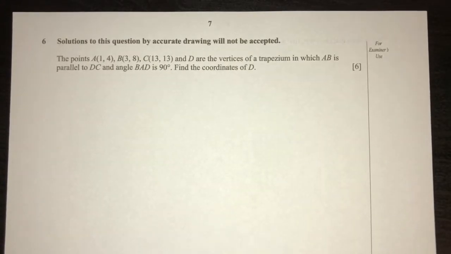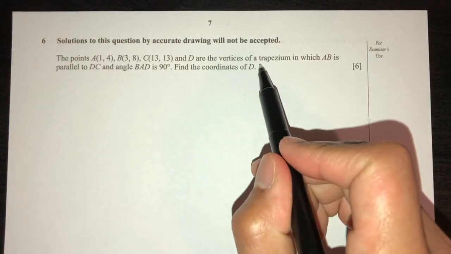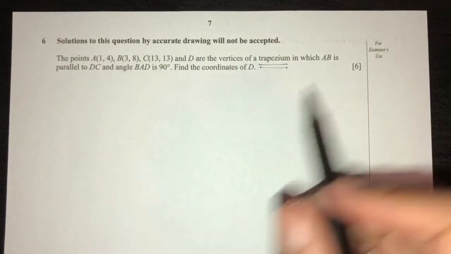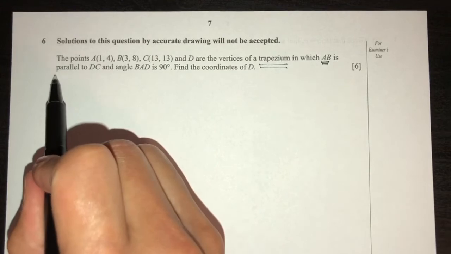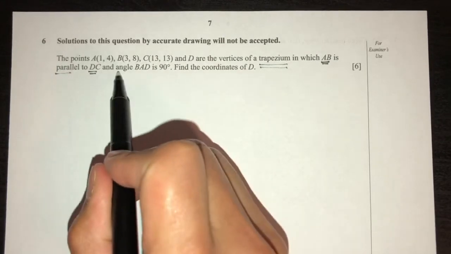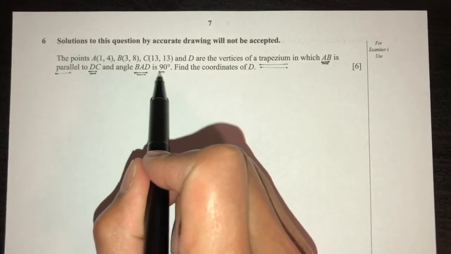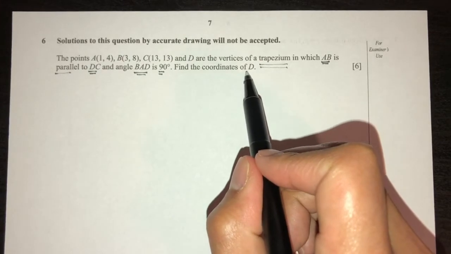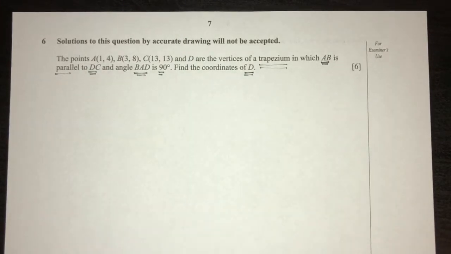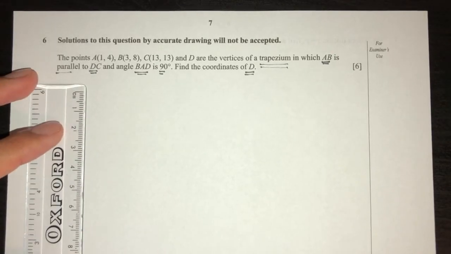The solutions to this question by drawing will not be accepted, so we have to do it one by one. We have the points A, B, C, D as vertices of a trapezium, in which AB is parallel to DC and angle BAD is 90 degrees. We have to find the coordinates of D. So we can make a drawing so we can understand what's happening.